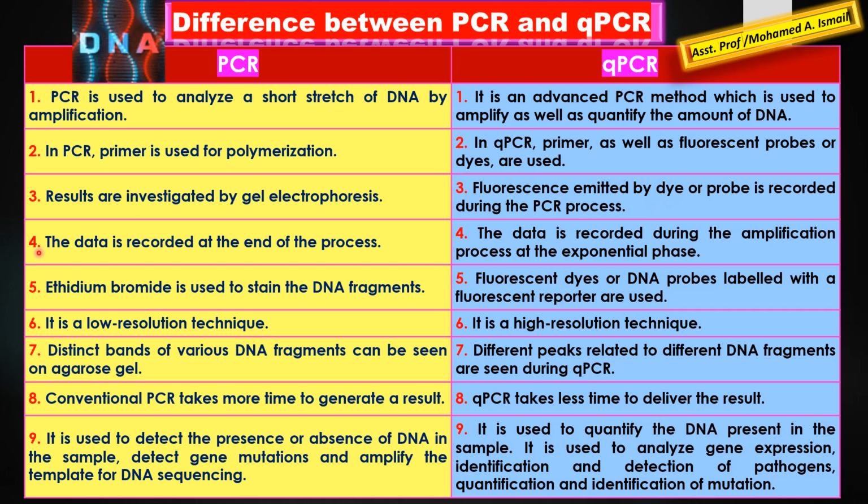Number four, the data is recorded at the end of the process. 4. The data is recorded during the amplification process at the exponential phase. Number five, ethidium bromide is used to stain the DNA fragments. 5.